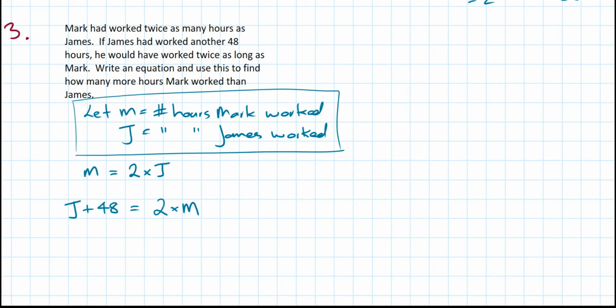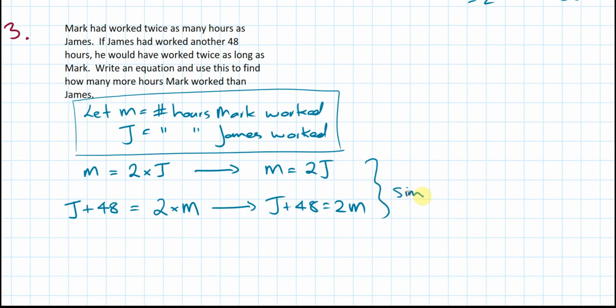So let's simplify these equations. So this one, m is equal to 2j, and then this one, j plus 48 is equal to 2m. So we've got two equations with two unknowns, and these become simultaneous equations, so we can solve them simultaneously. You may need to revise all the different ways that you can solve simultaneous equations.